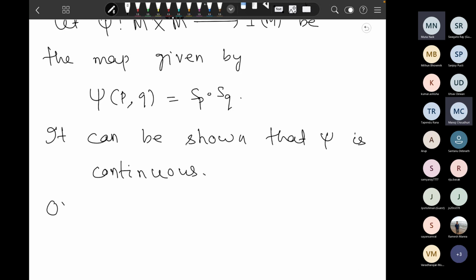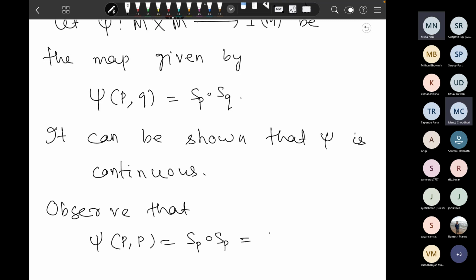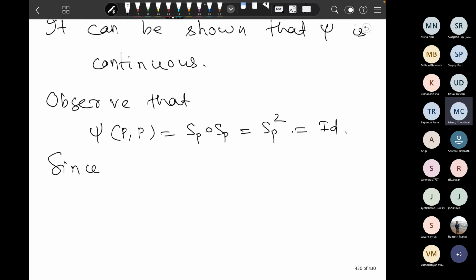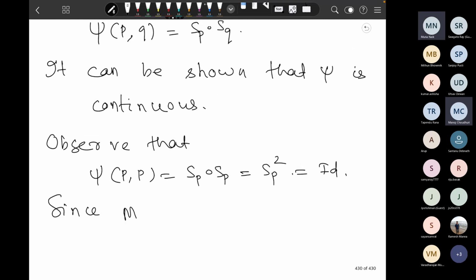So observe that psi of (P, P) is S_P composition S_P, which is S_P squared, and this is the identity. Now, M cross M is connected because M is a connected Riemannian manifold, and psi is continuous.